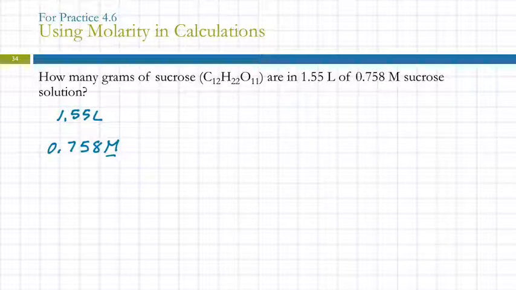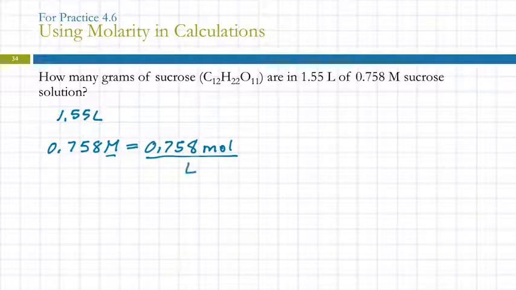So instead of writing the capital M, write what it means. This is 0.758 moles divided by liters. Just an abbreviation for that.